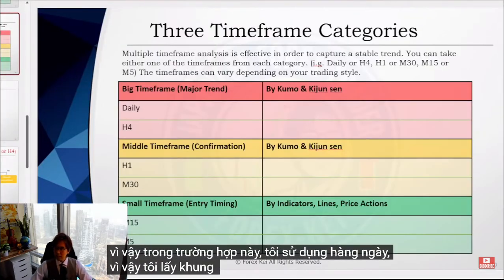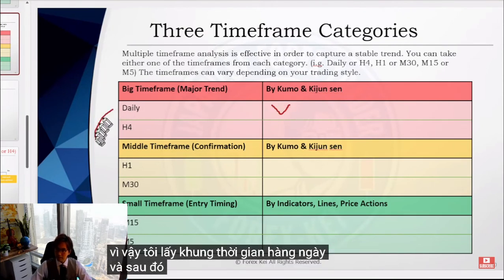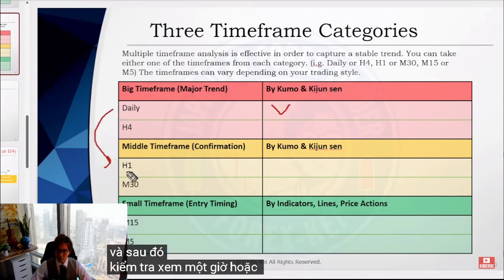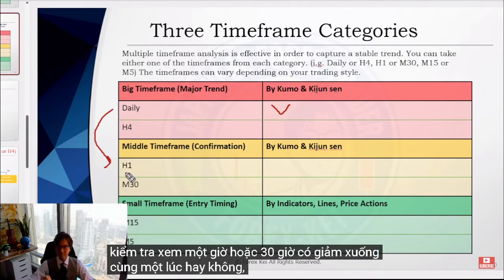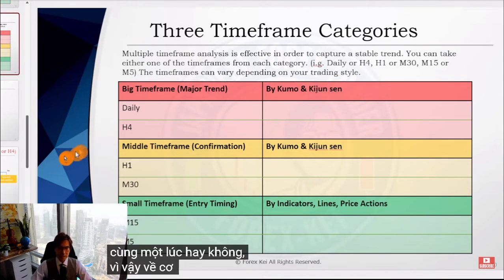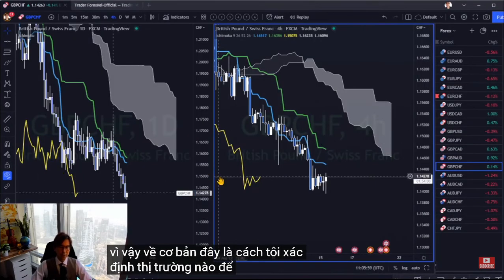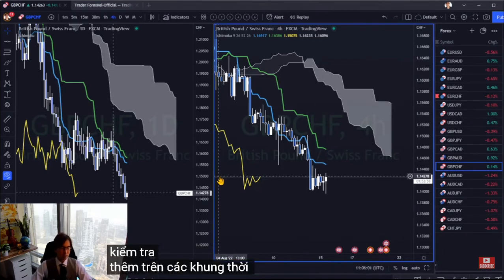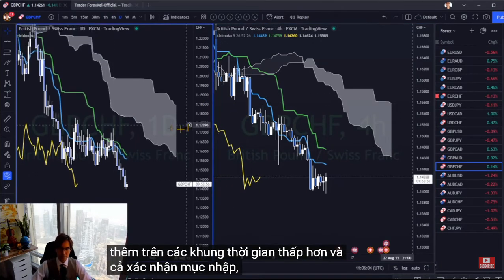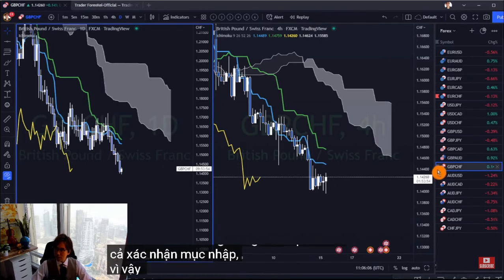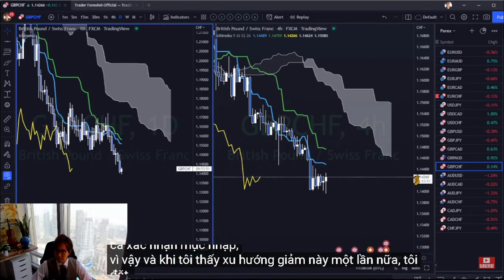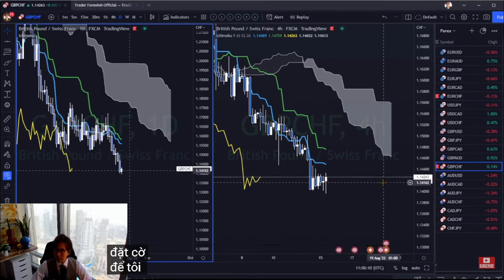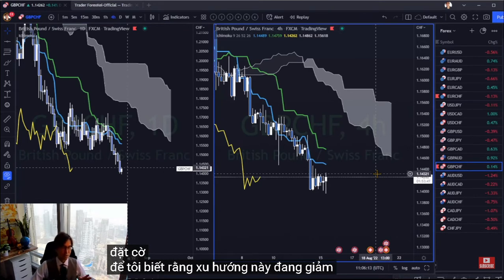So I take the daily time frame and then check if 1 hour or 30 are trending down at the same time. So this is how I basically identify which market to check, furthermore, on the lower time frames and also the entry confirmations. And when I see this downtrend again, I put the flag so that I know this is downtrending today.